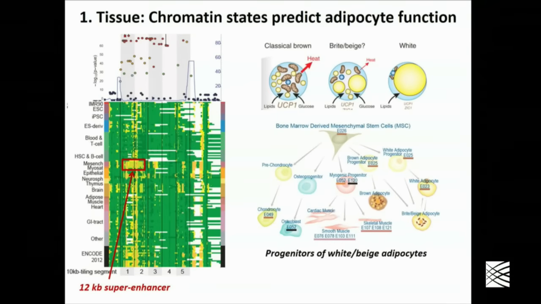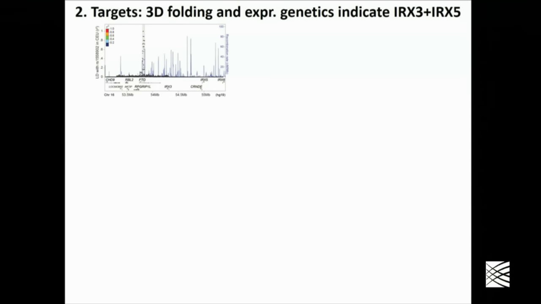So that was number one. Where does it act? Our hypothesis right now is adipocytes, and specifically pre-adipocytes, not brain. The second one is, what are the target genes? And this is where I showed you that the genetic association is very highly localized to this FTO gene. And FTO was actually originally named FATO for a ridiculously weird reason, which is that the gene itself is very, very large.